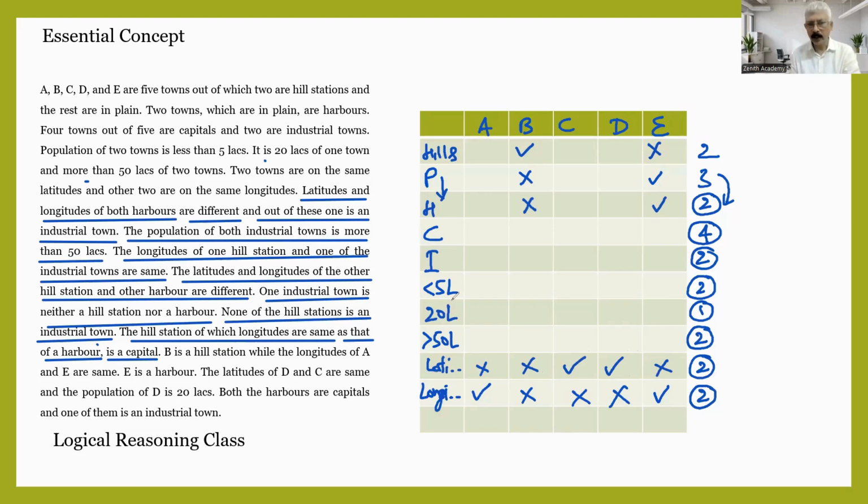Only one town has a 20 lakh population, so cancel out the other cells in this row. And one more thing: when D's population is 20 lakhs, there is no question of it being less than 5 lakhs, or more than 50 lakhs.